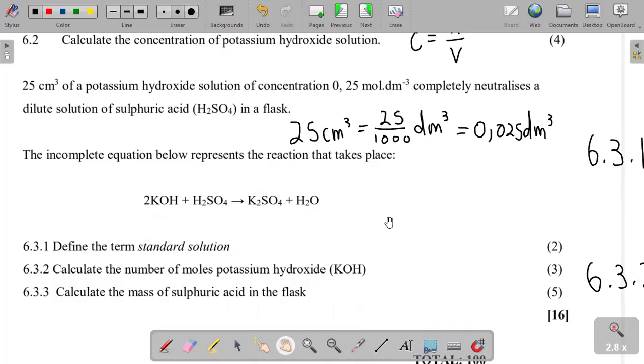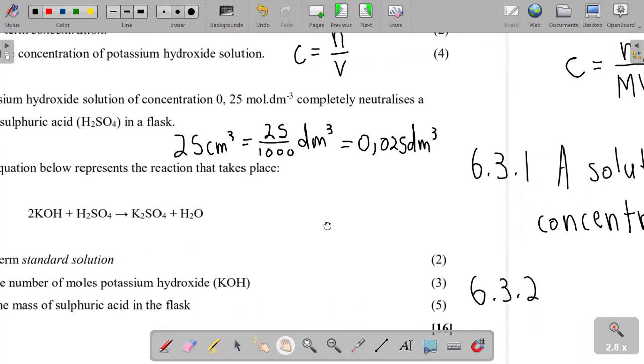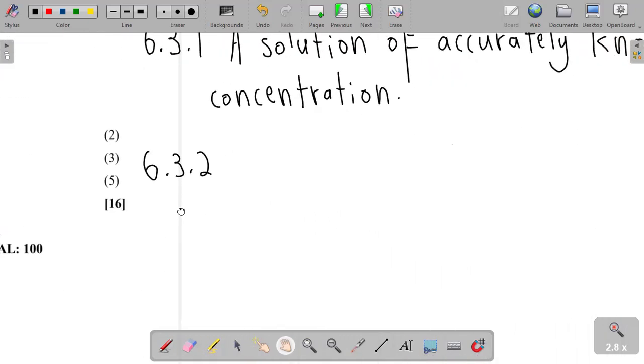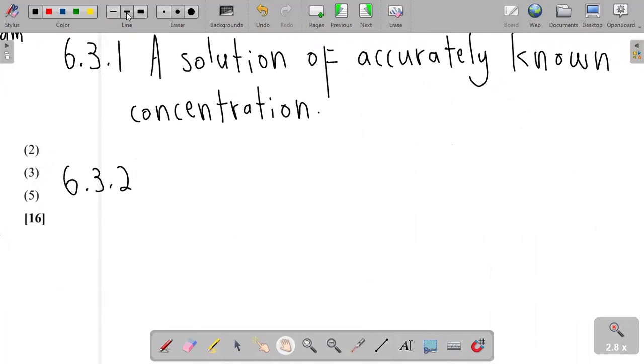So if we want the number of moles, what do we have here? We have the volume and we have the concentration. So what we're going to do here is say C equals n over V. And then we have to change the subject of the formula, because we want n.